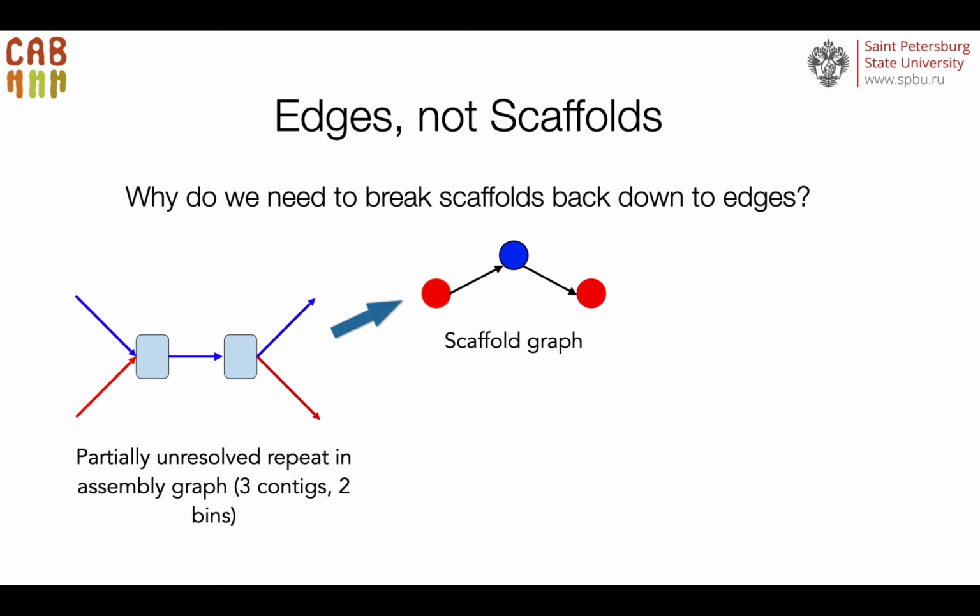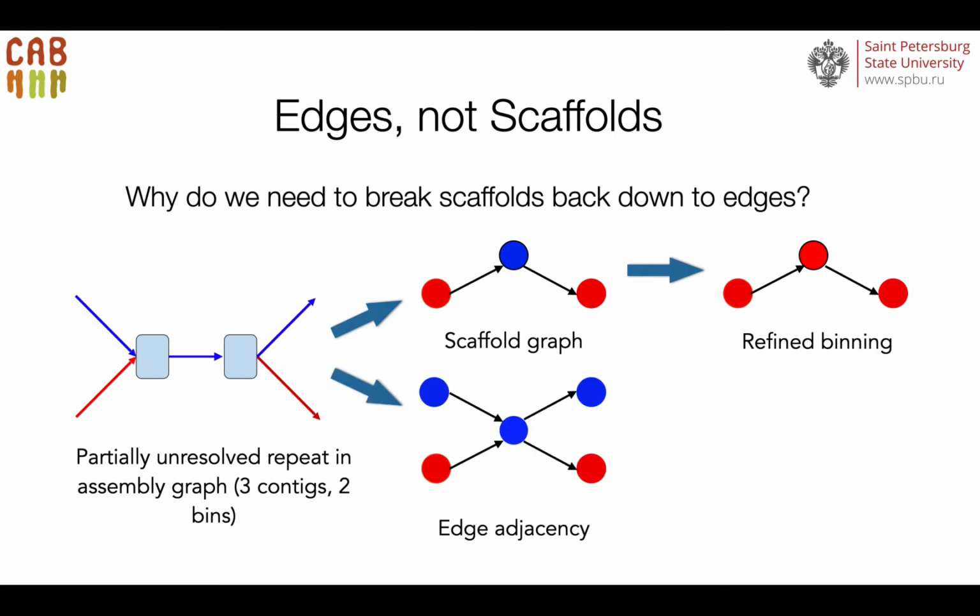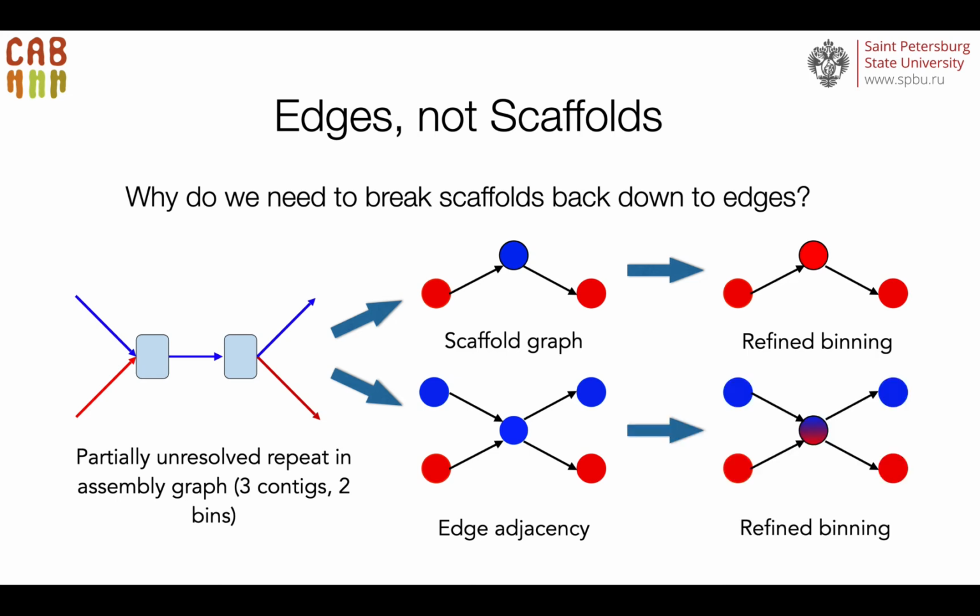If we take the scaffold graph and try to do the refining using the connectivity of scaffolds, trying to assign the closely located scaffolds to the single bin, then we might end up with an inconsistent or even incomplete refinement. But if we use the edge adjacency on the assembly graph, we might be able to detect that the edge in the middle is actually a repetitive one and assign it to multiple bins.